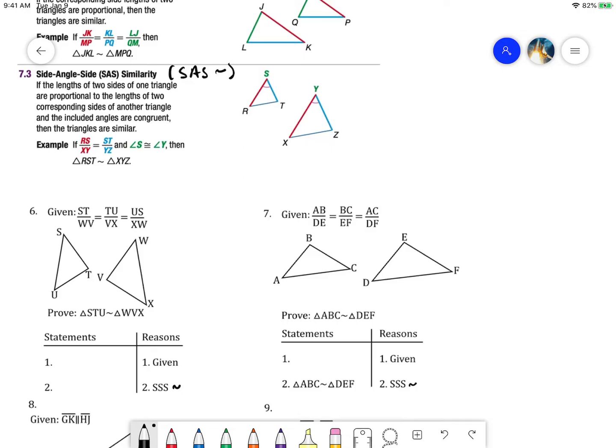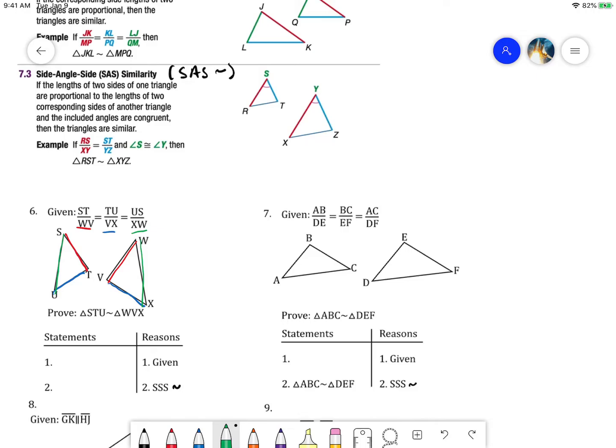In the first one, I'm going to use colors to denote this: ST over WV equals TU over VX, which equals US over WX. So what we have here is all three sides proportional.